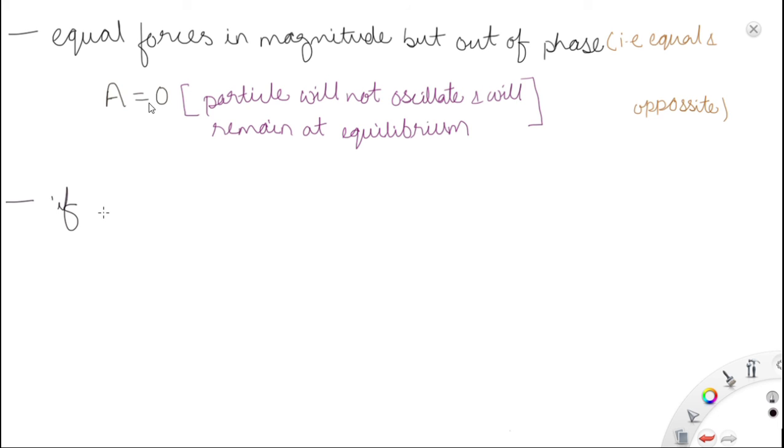So the particle will not oscillate and will remain at equilibrium, means a dormant state.